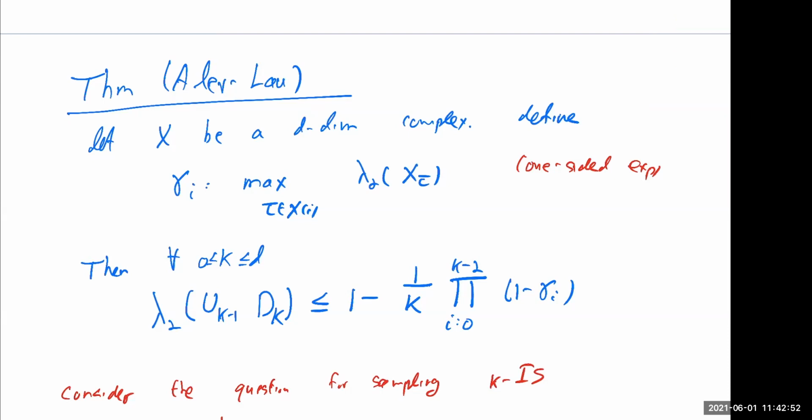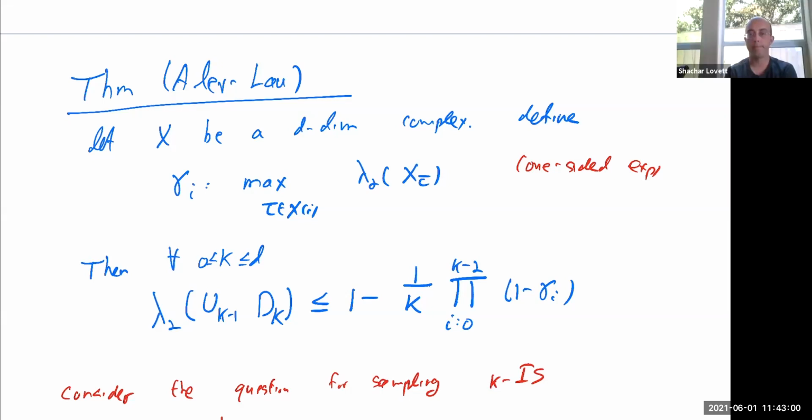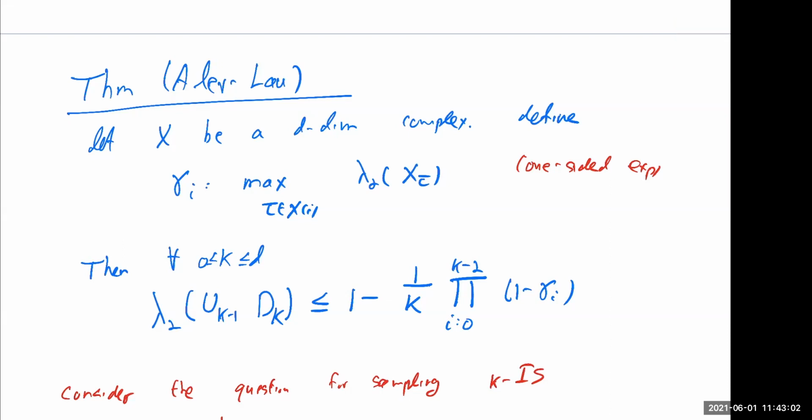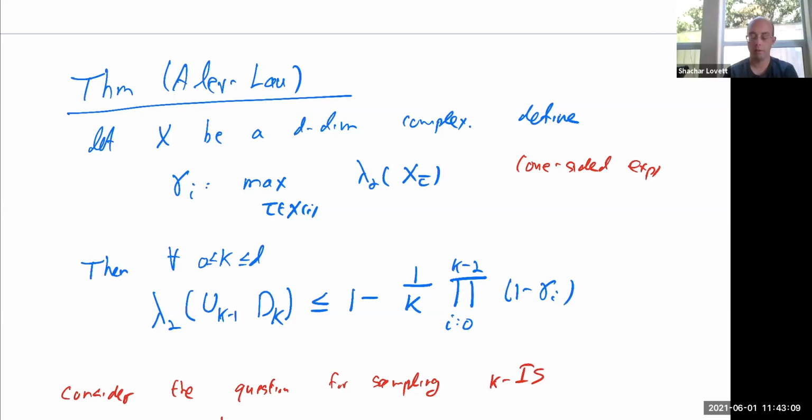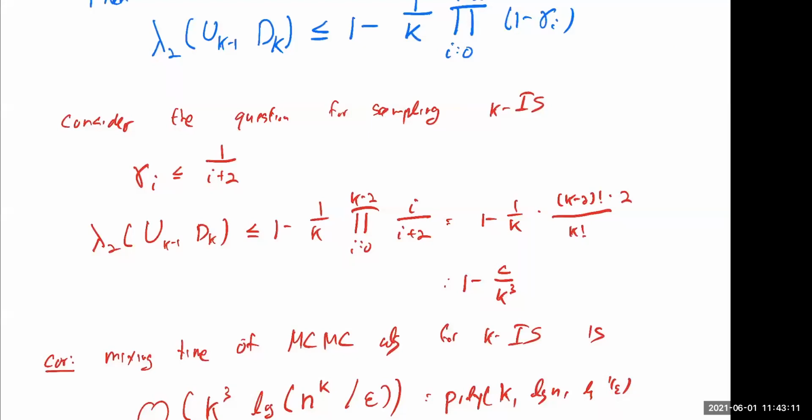I'm sorry. So we had gamma I at most 1 over I plus 2, right? Yeah. And then we said take the product of 1 minus gamma I. I'm wondering if it should be I plus 1 divided by I plus 2. Yes, I think so.